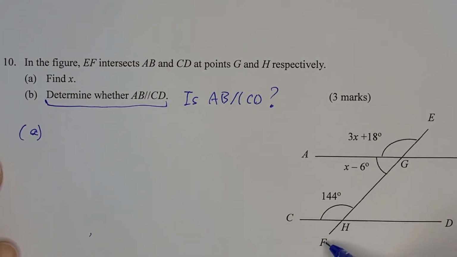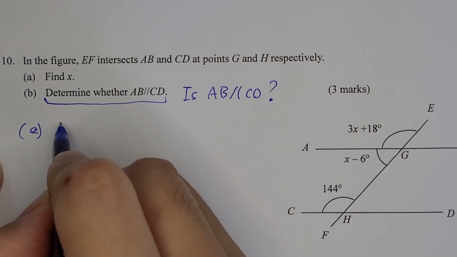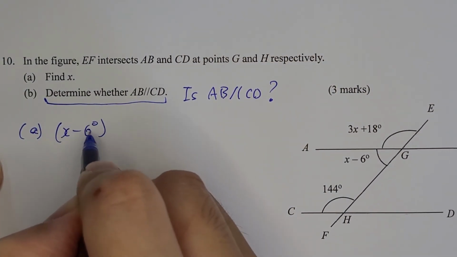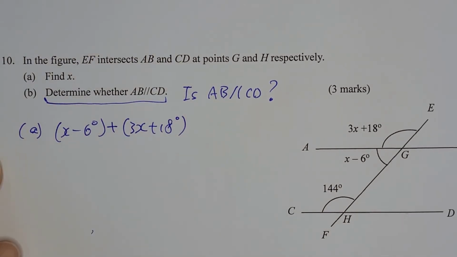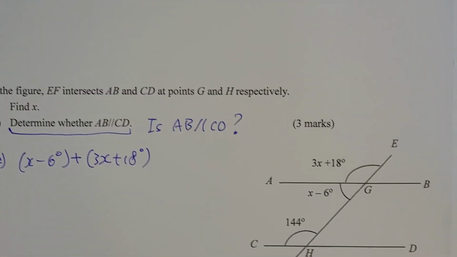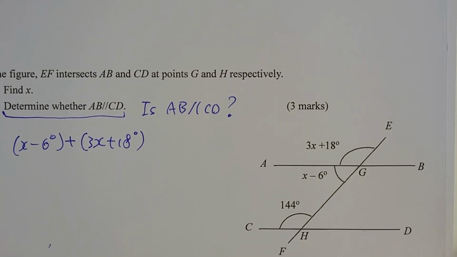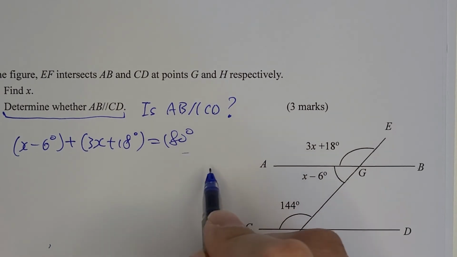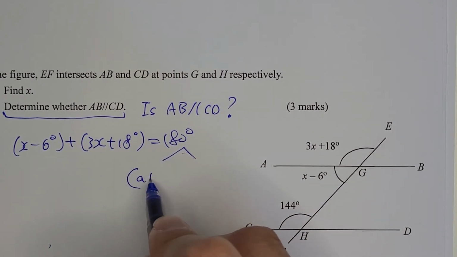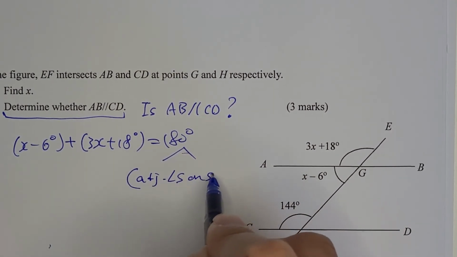Luckily, you know that FHGE is a straight line, so when you add all adjacent angles, it is equal to 180 degrees. So you just add them up. Add these two angles up, that is 180 degrees. Reason, okay, I do not have enough space here. I just write in here, adjacent angles on straight line.